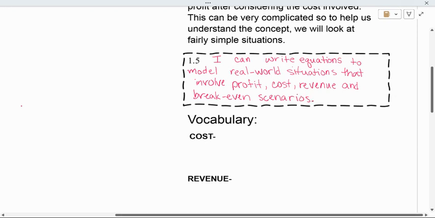So I can write equations for real world examples that deal with our cost, our profit, our revenue, and break even.